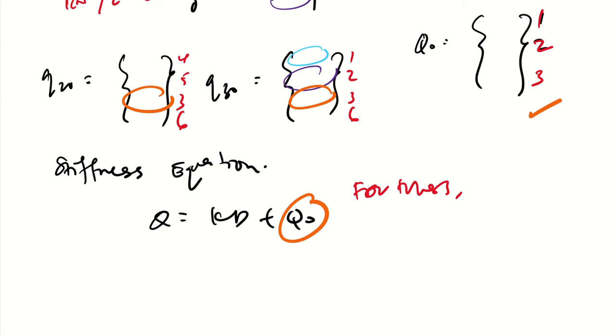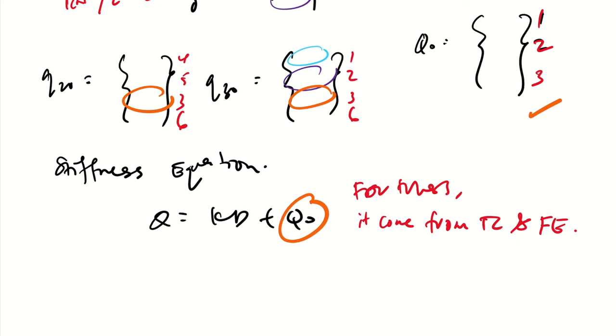It comes from temperature changes and or fabrication error. So Q naught will be put into this whenever the truss has the effect of temperature changes and fabrication error. Without that, we don't have to consider Q naught because Q naught is equivalent to 0.